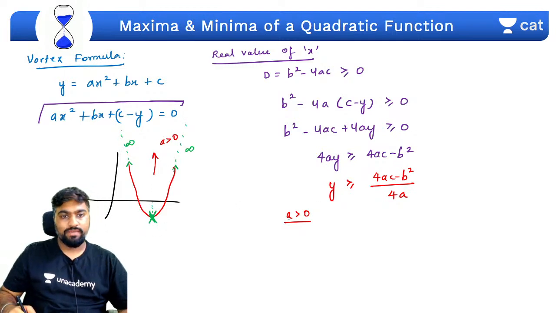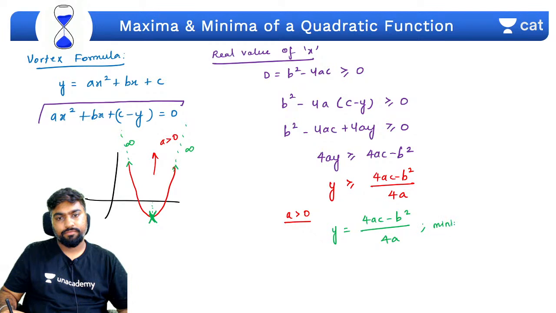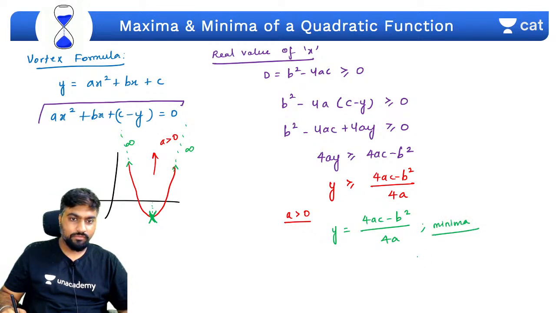Got it? So when a is greater than 0, then y should be equal to 4ac minus b square by 4a. This is what your minima is going to be. Understood? This is your formula.